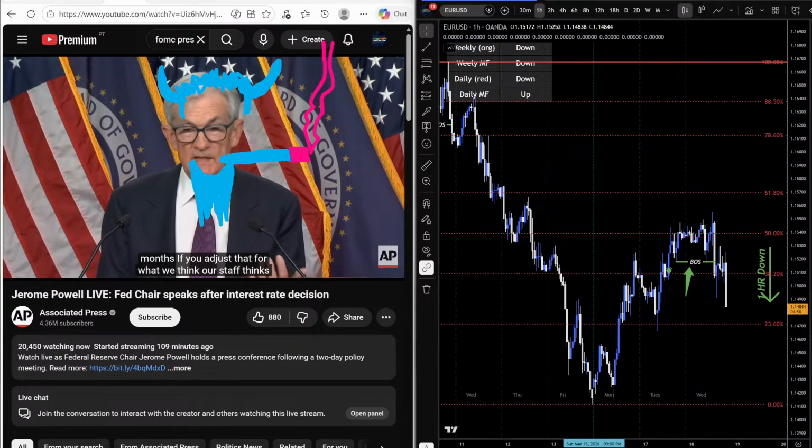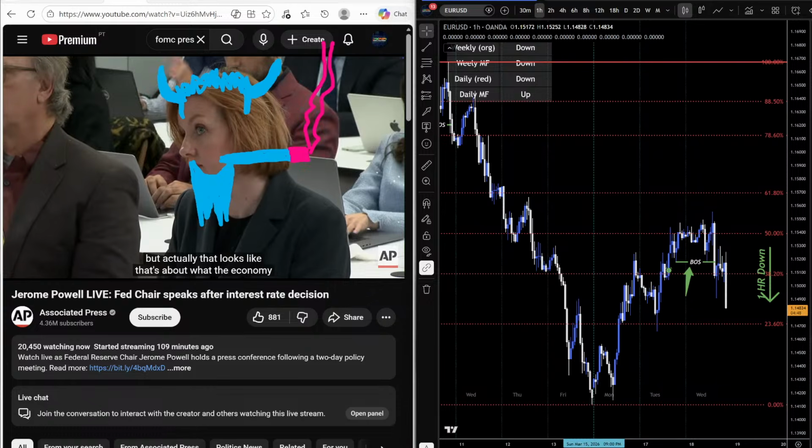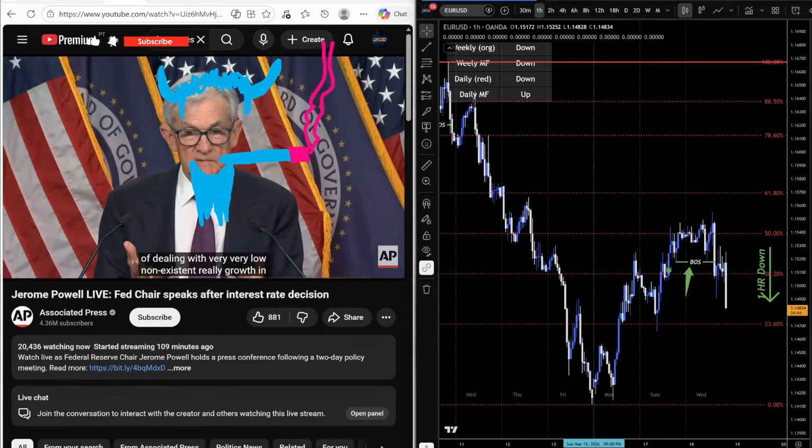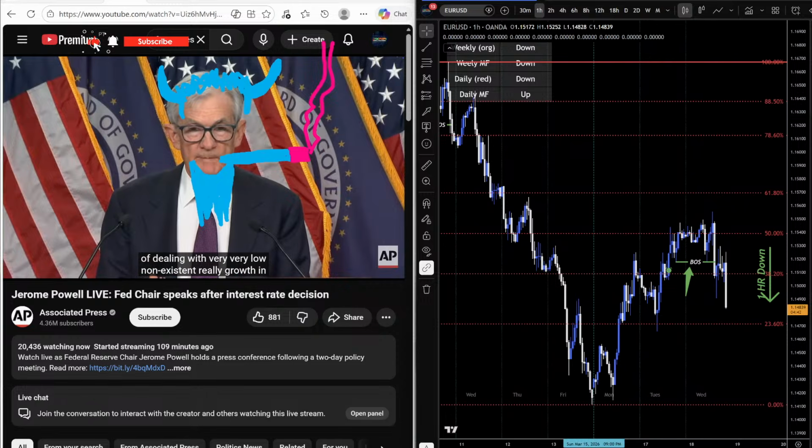But that looks like about what the economy needs in terms of dealing with very, very low, non-existent, really, growth in the labor force, which, of course, we've never had in our history. So you've got a sort of zero employment growth equilibrium.